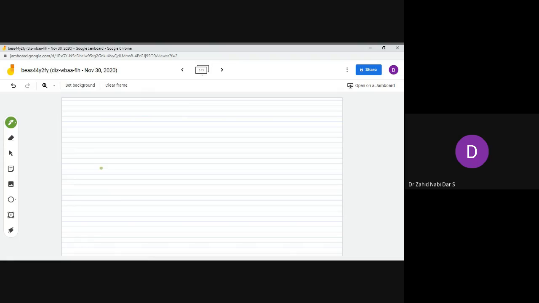So suppose I have an element for a nodal analysis circuit, I have an element like this.